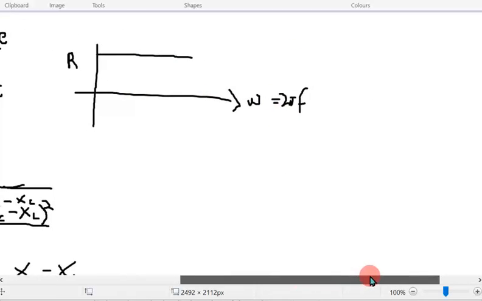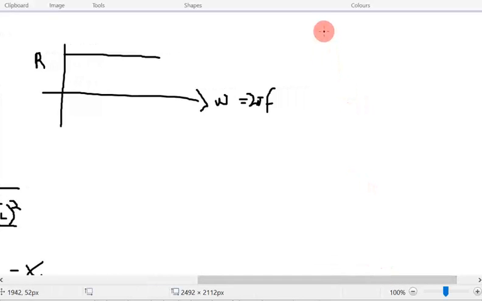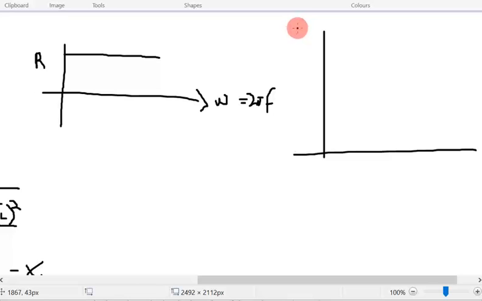Then we can talk about the reactances and the impedance, on the y-axis as against the angular frequency. Again, we can also call it the normal frequency that we know of.